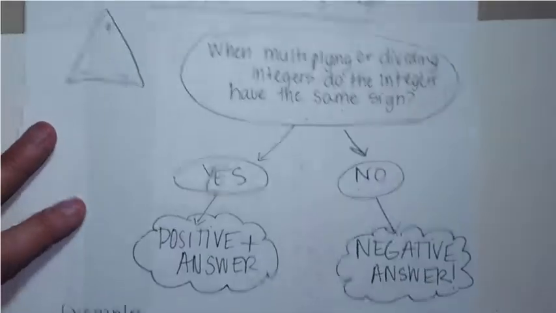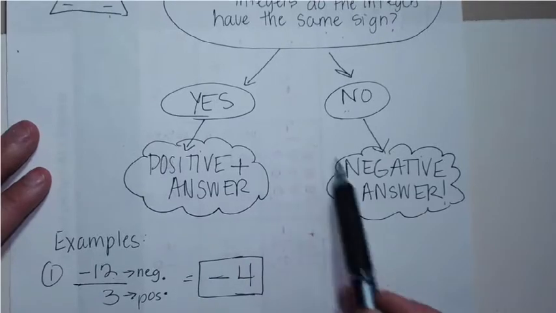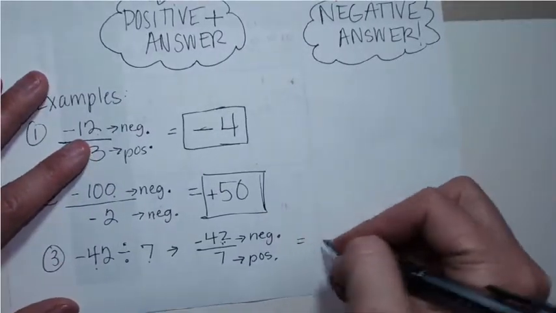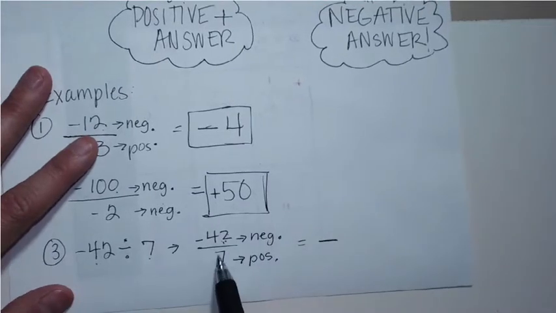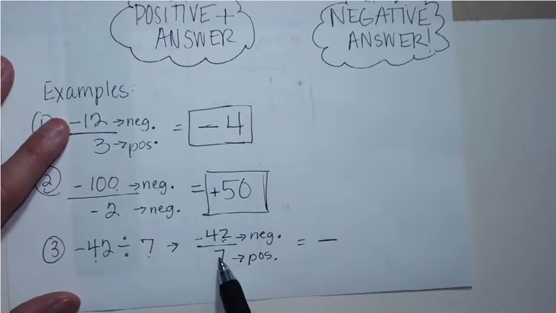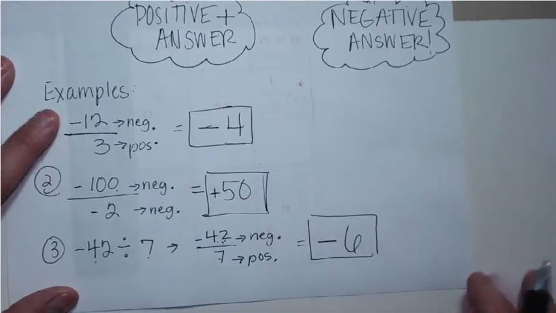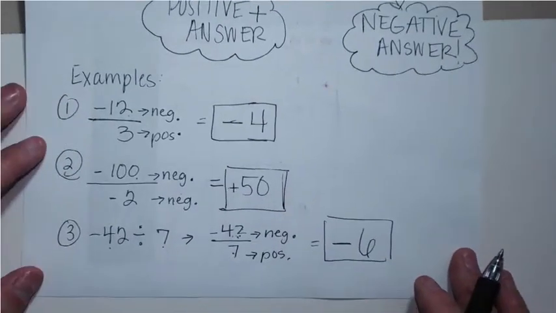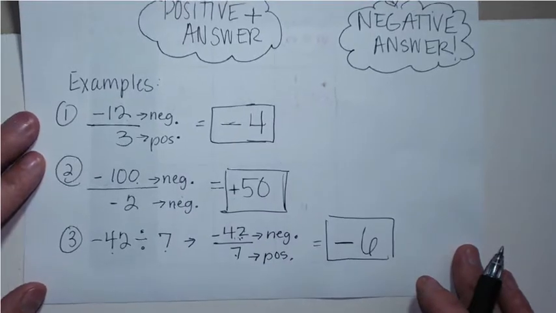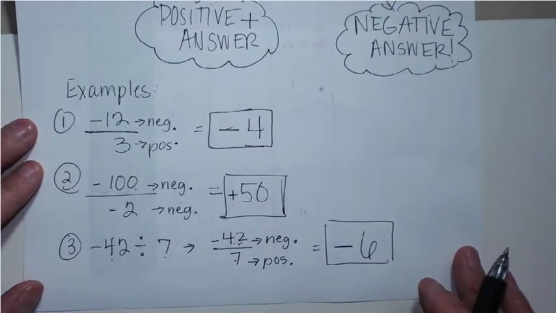Back to my flow chart: do they have the same sign? No, so my answer will be negative. Let's put the negative sign, and then 42 divided by 7, or 7 times what is 42, gives us 6. Easy as that. It should be a review from yesterday, so the same rules apply for multiplying and dividing.